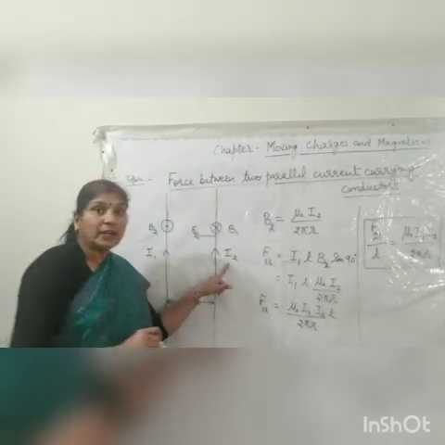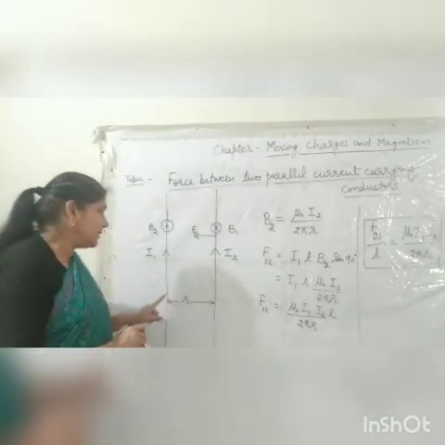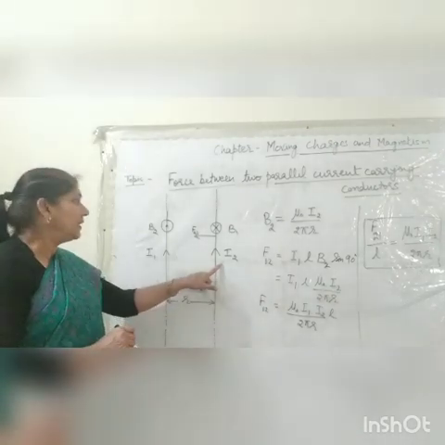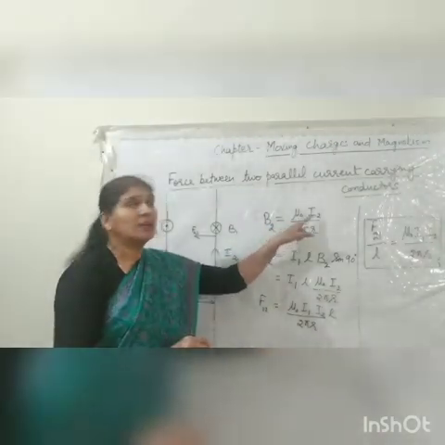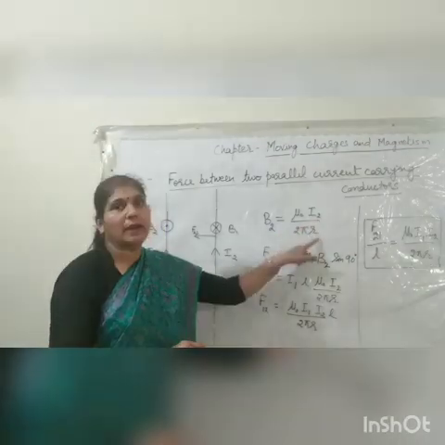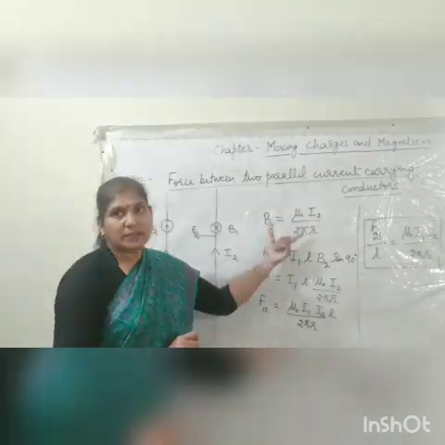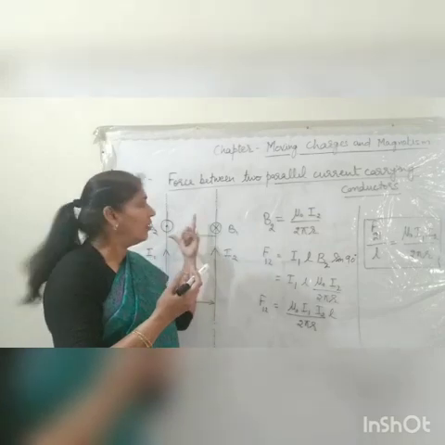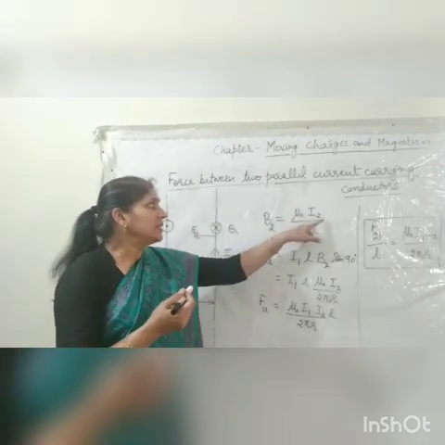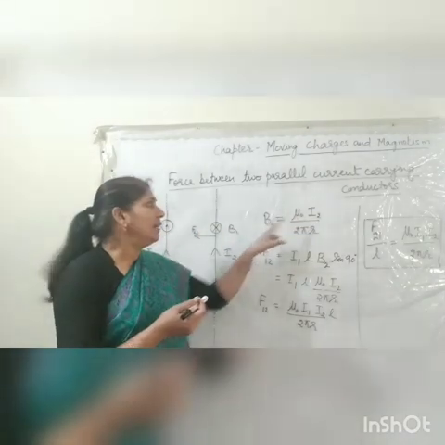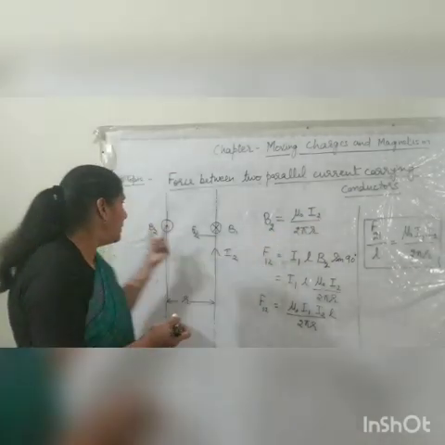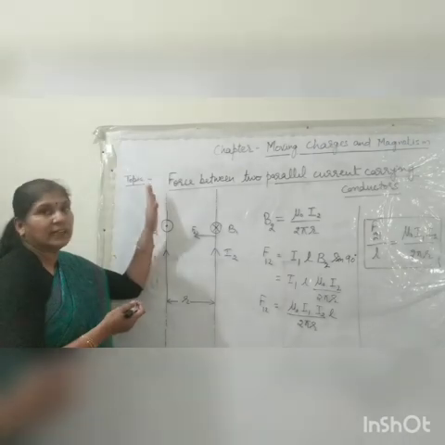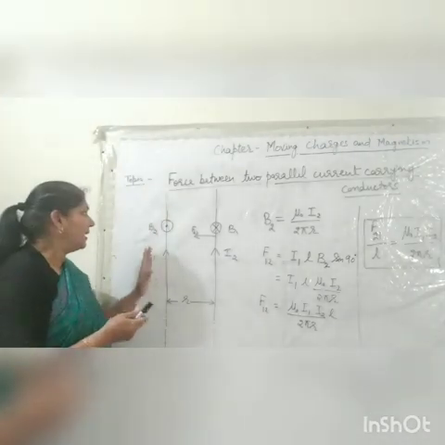Due to the current I2, at a distance r from the second conductor, the magnetic field B2 can be written as mu naught I2 upon 2 pi r, similar to what we wrote earlier for B1. In this magnetic field, the first conductor is carrying a current I1.